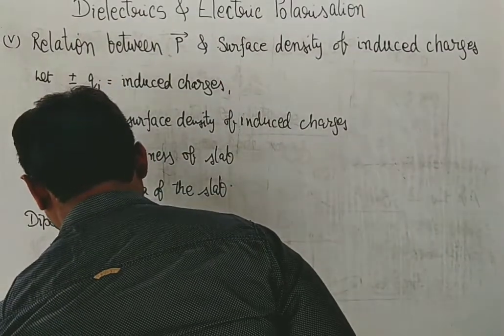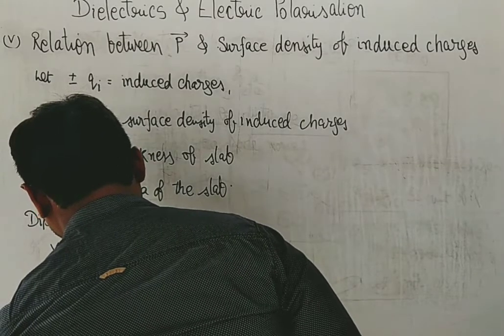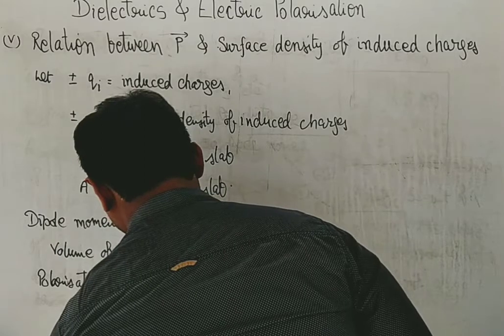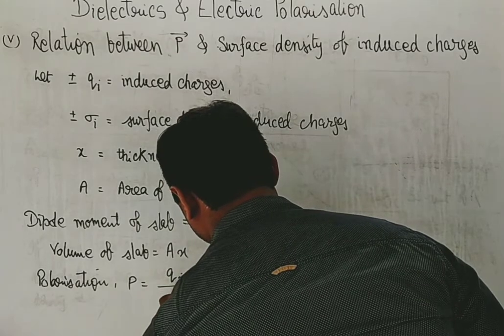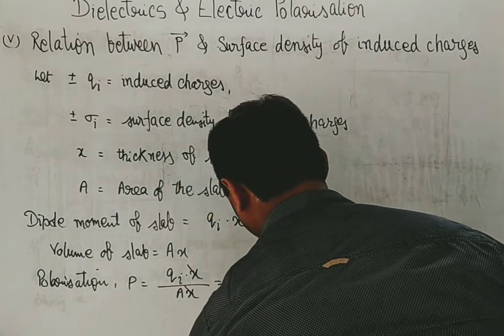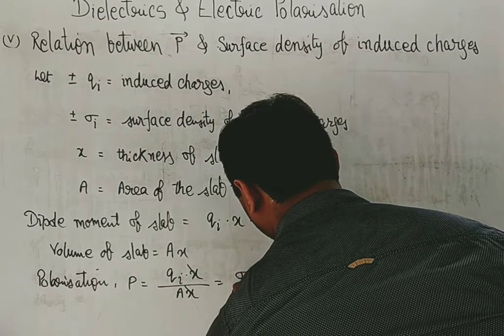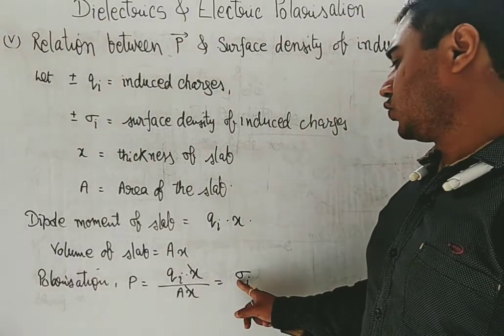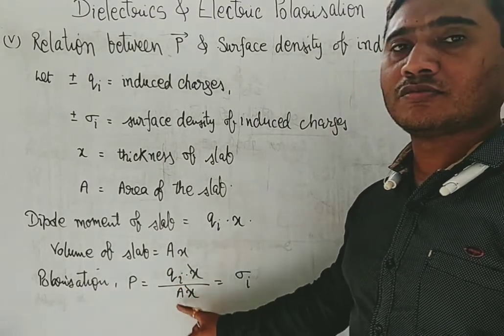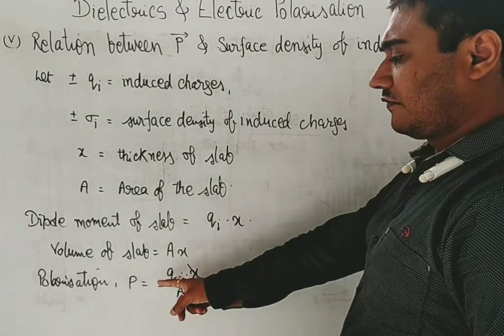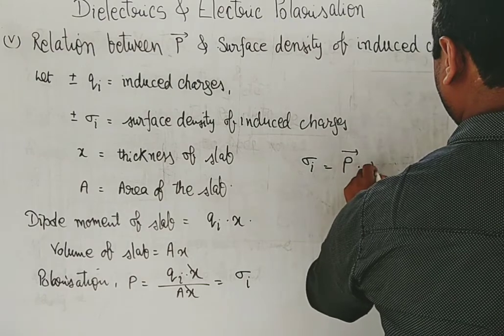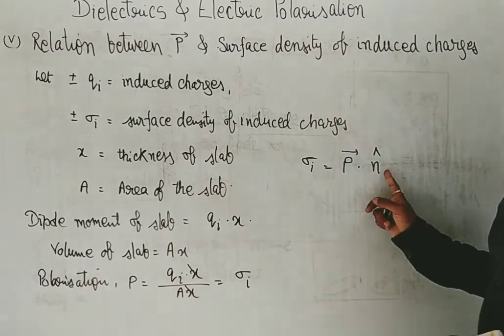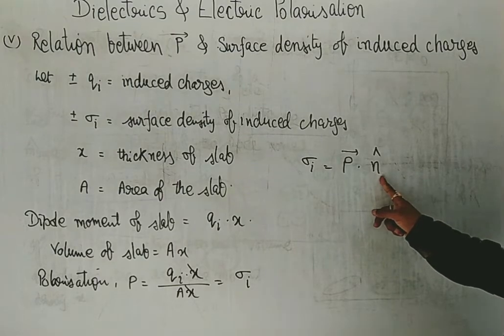Now polarization P equals dipole moment induced per unit volume. Now this will get cancelled, and this is what? Sigma i, the induced surface charge density, Qi by A. Now in vector form you can write sigma i equals vector P dot vector n cap, where this n cap is the unit normal vector to the surface. Okay, so this way we can.